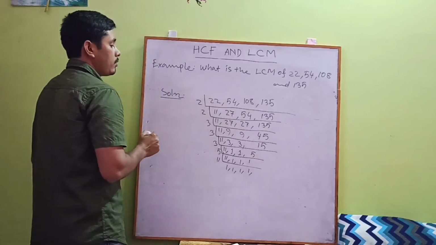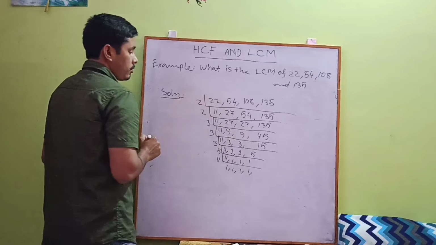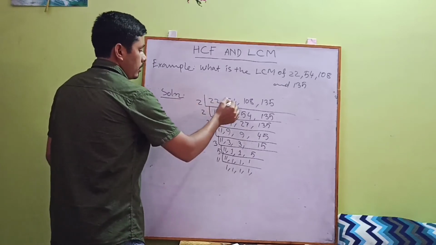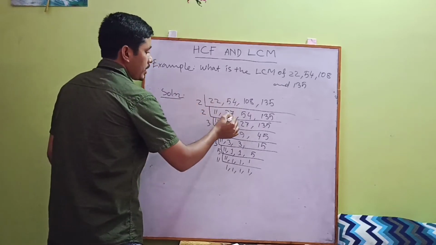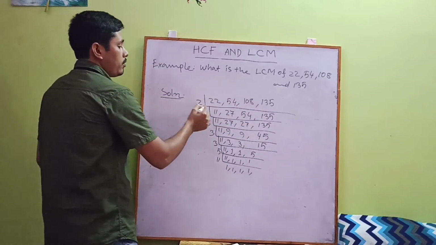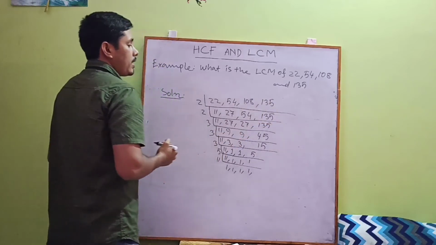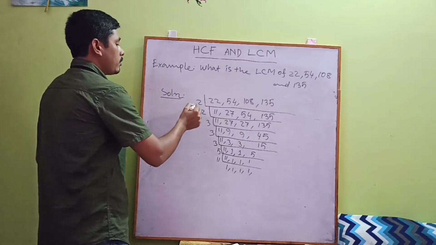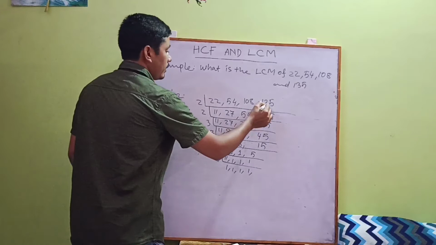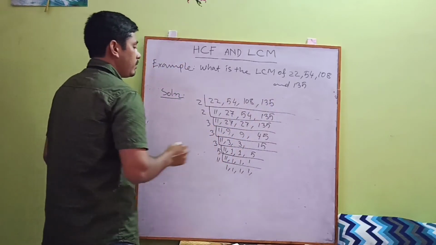That's why we first divide by 2. When we divide 22 by 2, we get 11. When we divide 54 by 2, we get 27. When we divide 108 by 2, we get 54. But 135 is not divisible by 2. That's why we write this number the same here below.